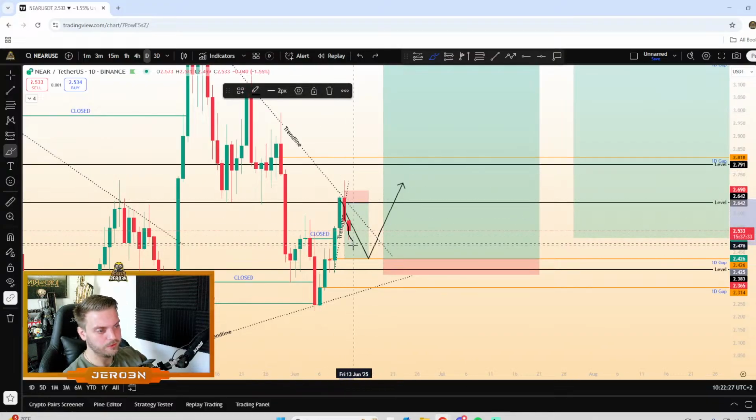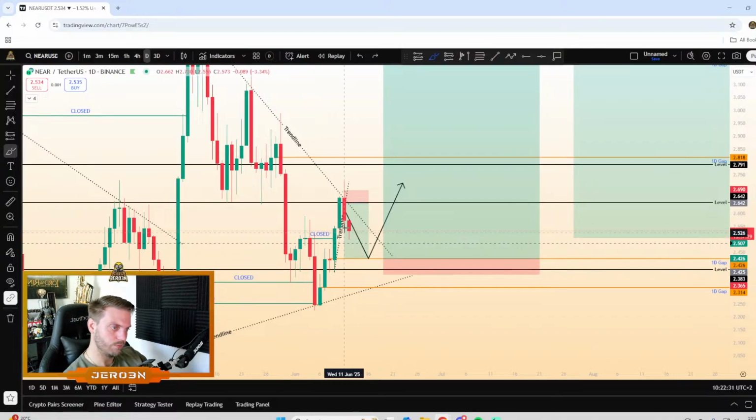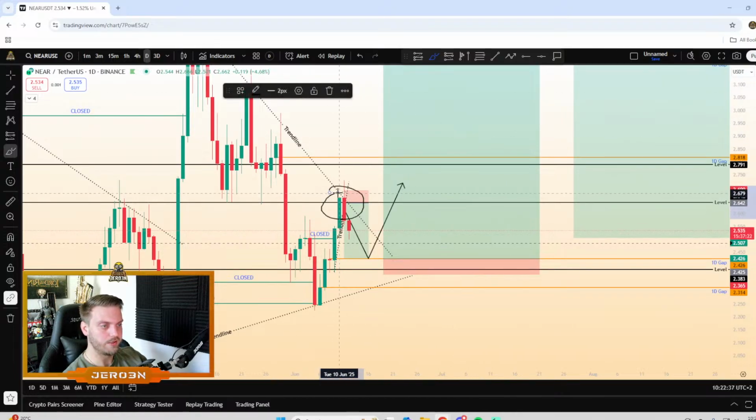Give us a small retest to that gap that we created when we launched off before we can continue up. We created this higher high here, so let's create that higher low and then push up.